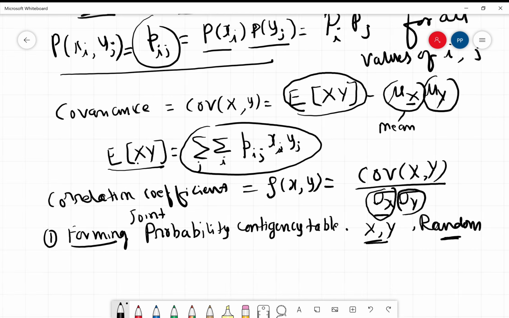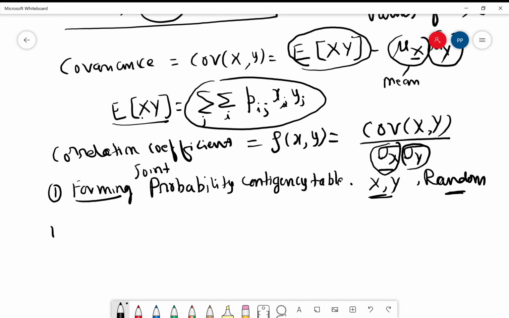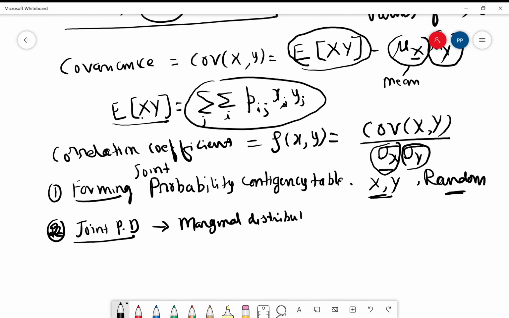Second kind of problem: you will be given a joint probability distribution, and from that you are asked to find the marginal distributions, and you may also check whether the variables are independent or not.